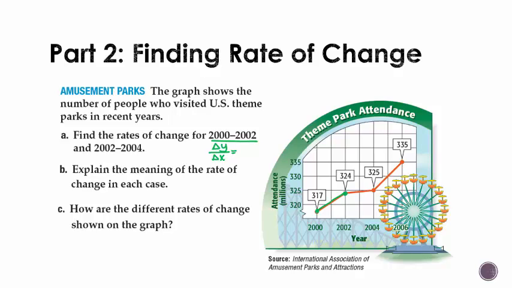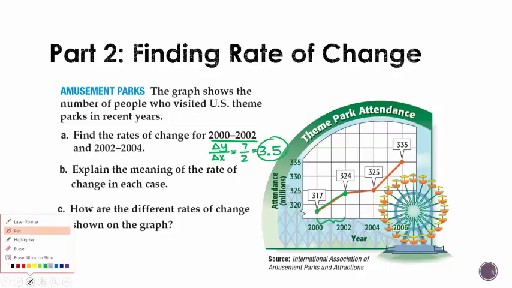So our y values, we went from 317 to 324. Let's subtract those and figure out the difference, and we end up with 7. And then our x values is this down here, and it was 2 years. So we get 3.5 when we simplify that.